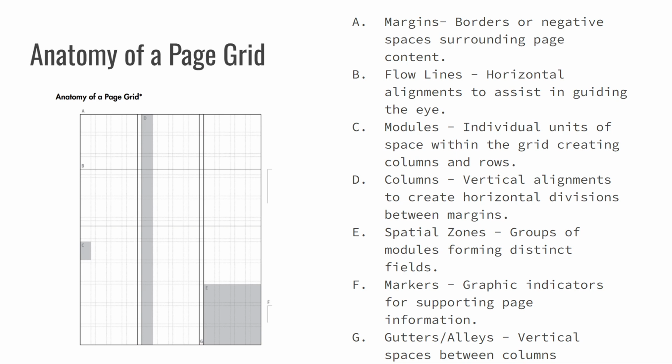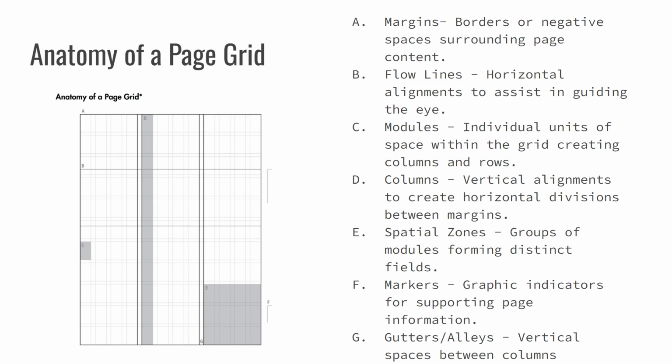If you think of your grid like a picture frame, the margins are the frame itself. It is on the outside. It is that comfy space on the outside that separates your content out from other content. Okay? Flow lines are horizontal alignments that help guide your eye.